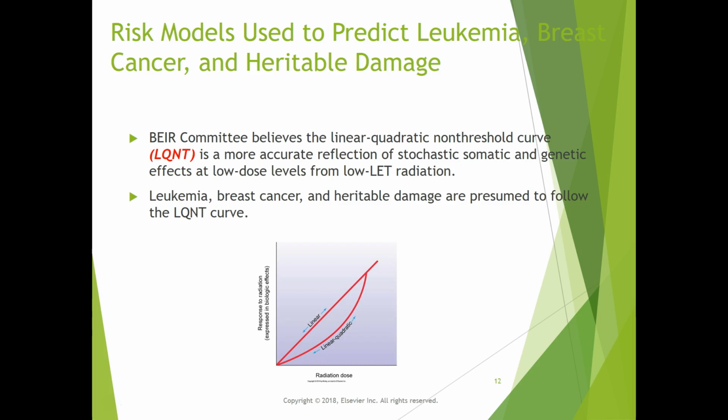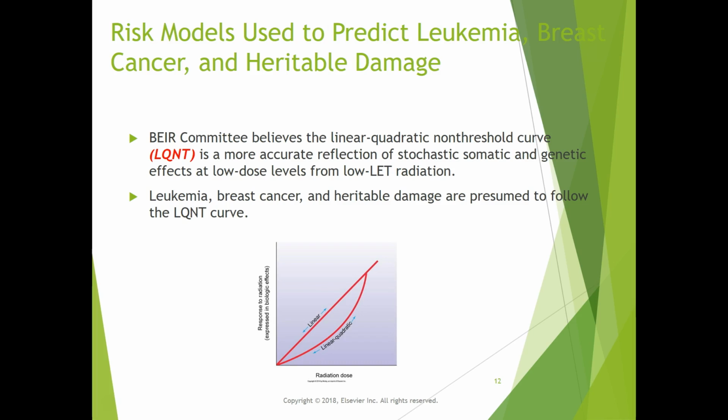And so as more data comes in, for leukemia, for instance, this LQNT curve hypothesis appears to be supported by the leukemia occurrences in Nagasaki and Hiroshima. All right, so what they are recommending is the LNT curve, the straight linear line curve, for most types of cancer.